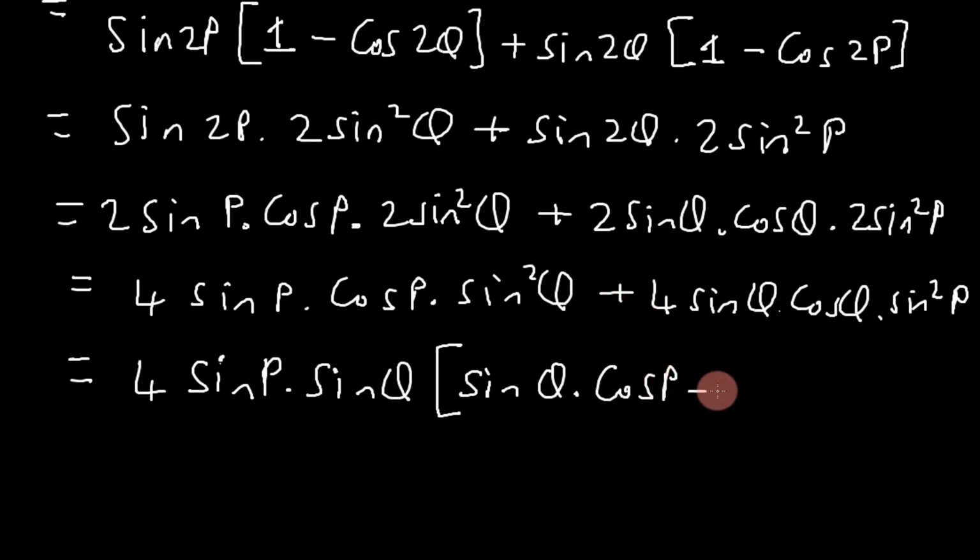Then this plus. And here, what we are left with, of course, when we take out 4 sine p sine q, the sine q will cancel here. And we're left with the cos of q times the sine of p.